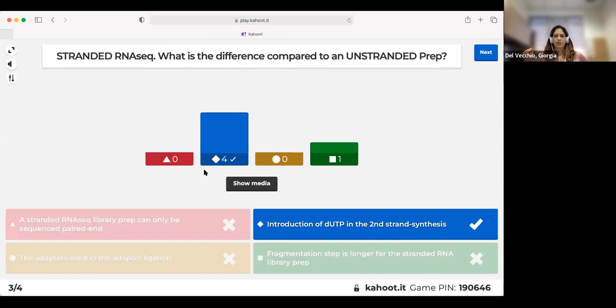Okay, correct: introduction of UTP in the second strand synthesis.